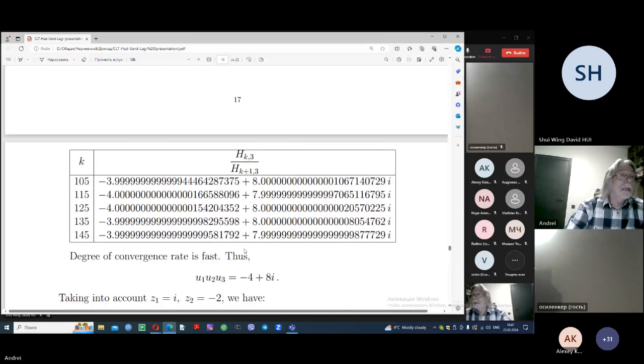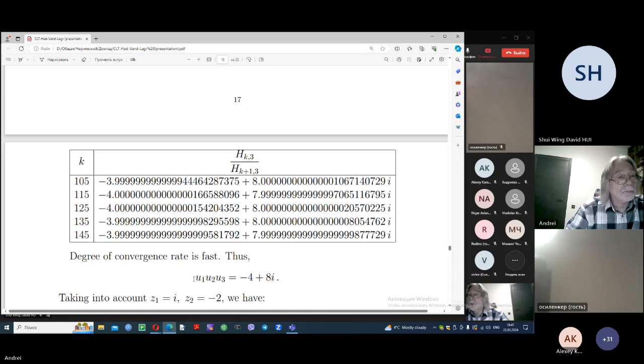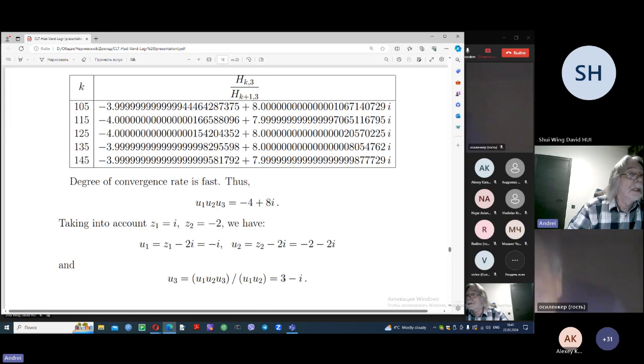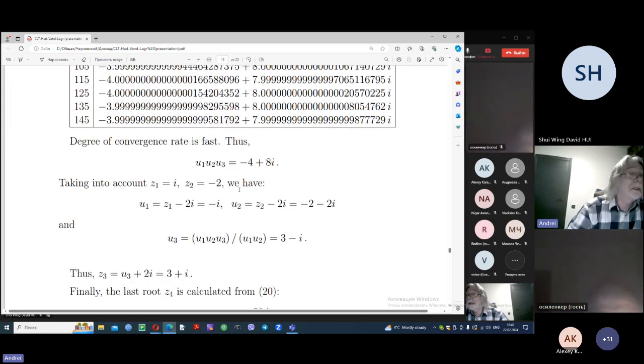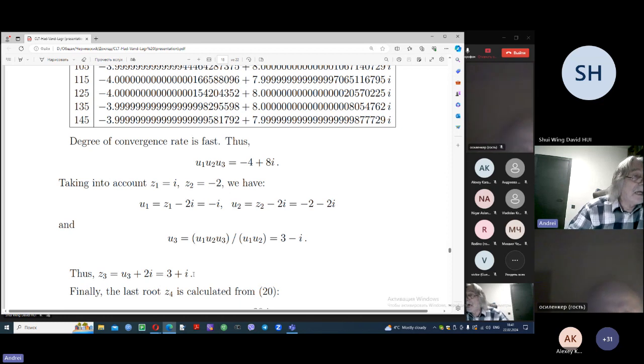Oh, now it's quite clear that we have perfect convergence, and that means that in these new variables we have the product of three roots, which is equal to this one, and returning to the initial variables we calculate the initial root, which is 3 plus I.